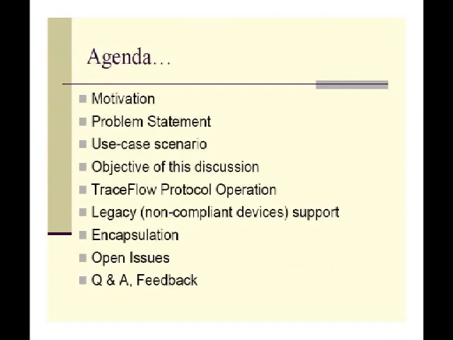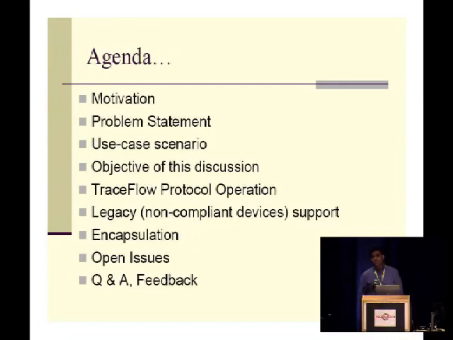That is the agenda for today's discussion. We will start with a motivation for this protocol. We will discuss how network designs have evolved over time to satisfy the requirements of the applications that use these networks.